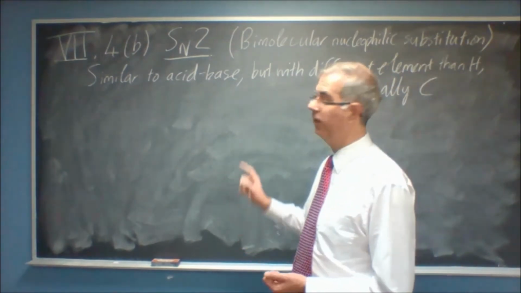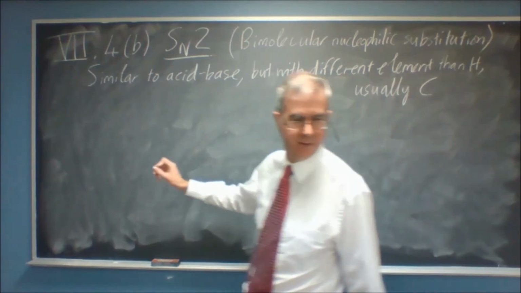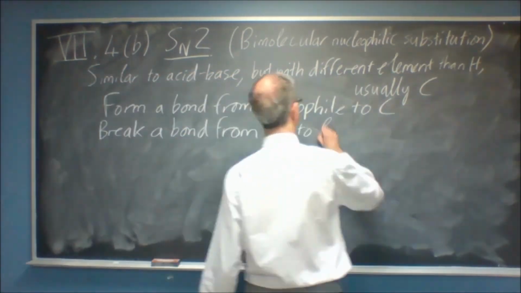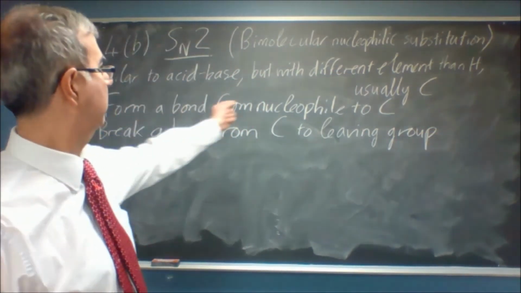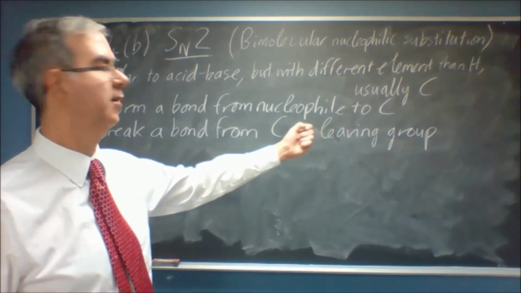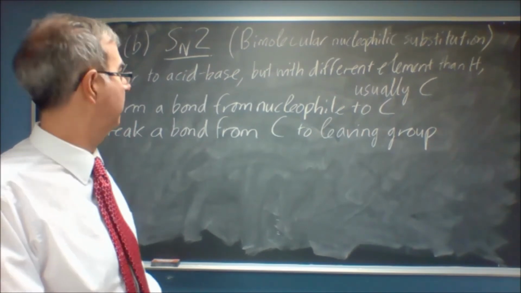So what's involved here is very similar to the acid base. What happened before was we formed a bond from the nucleophile base to the hydrogen. In this case, we form a bond from the nucleophile to the carbon. It's the same idea.